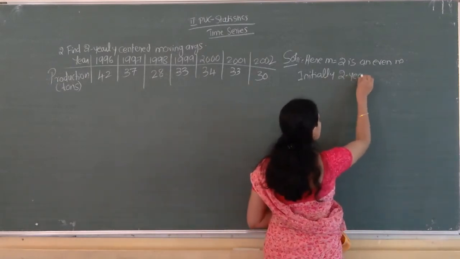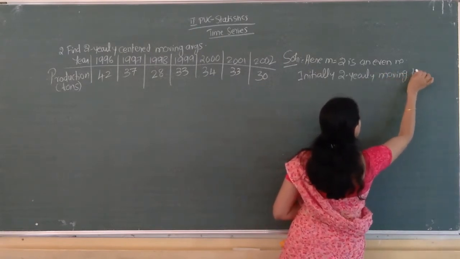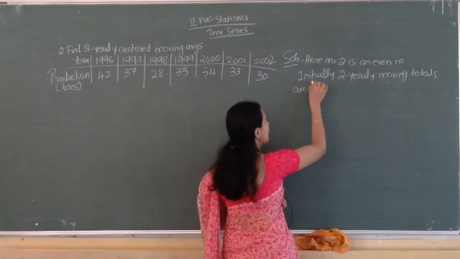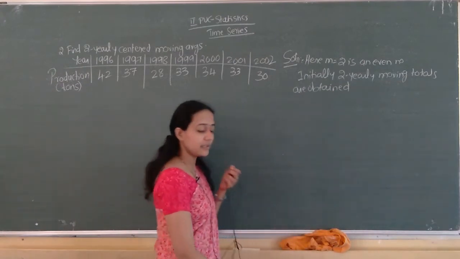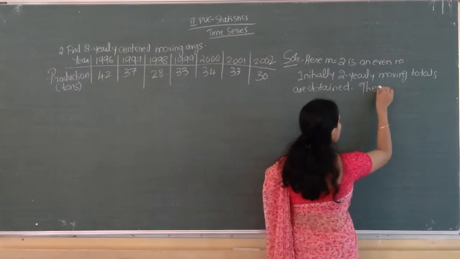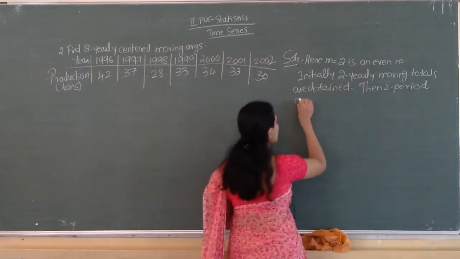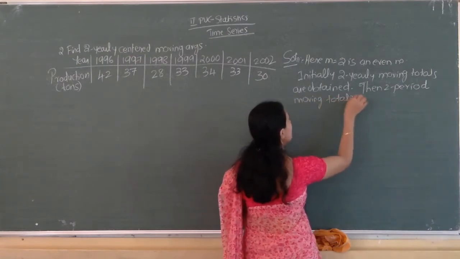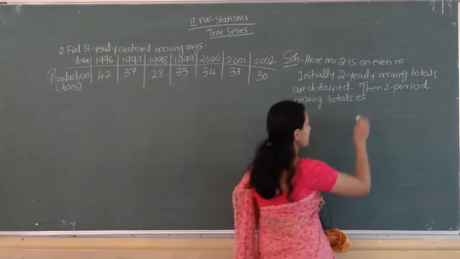Then 2 period moving totals of previous column are obtained.